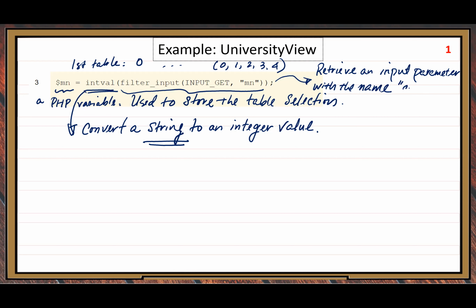Here the name is MN. The name is a string. The value is also a string. Although we put a number there, 0, 1, 2, 3, 4, it's in string format.